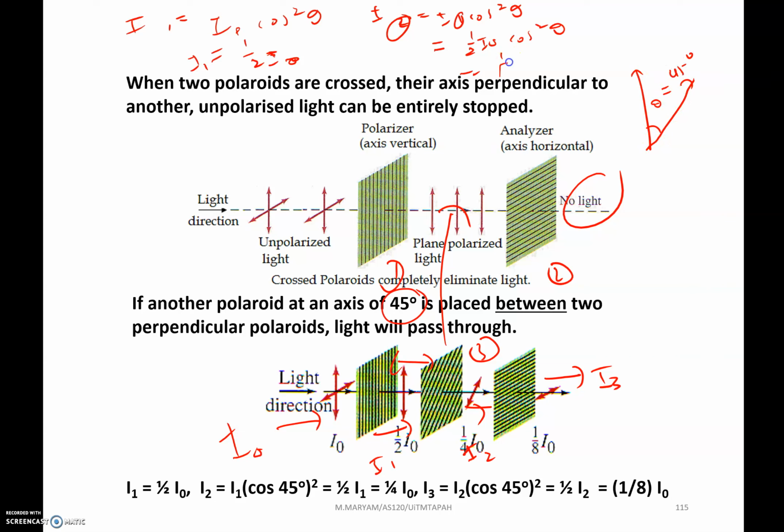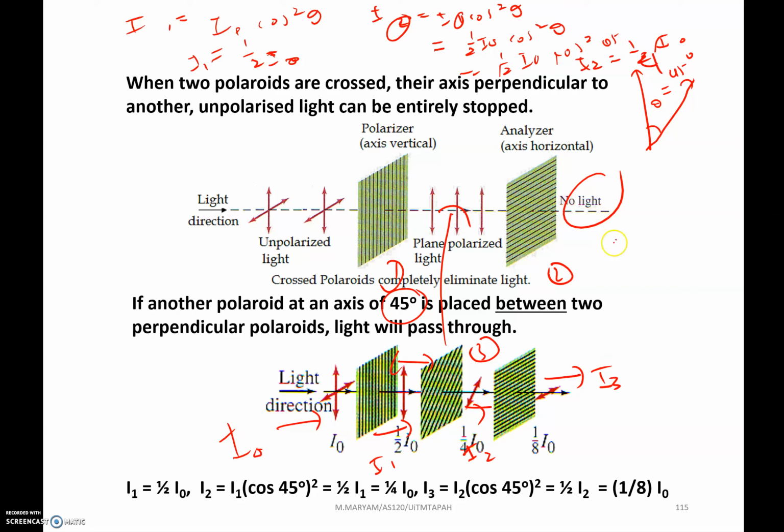So put 45 degrees here: half of I0 cos squared 45. When you key in those values in your calculator, calculate your cos 45 first. Cos 45 gives you 0.707, and then you square it, you get 0.5. Times the half from I0, you get 0.25 or 1 over 4. So I2 is equivalent to a quarter of I0. So you see there, from half it has become a quarter of I0.